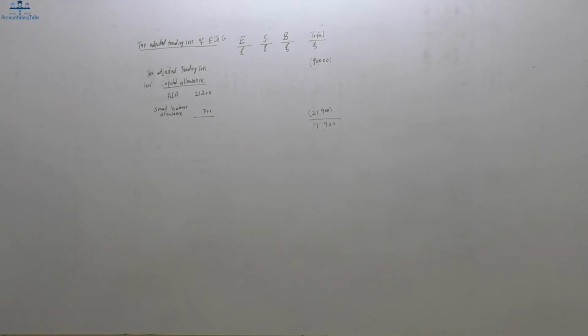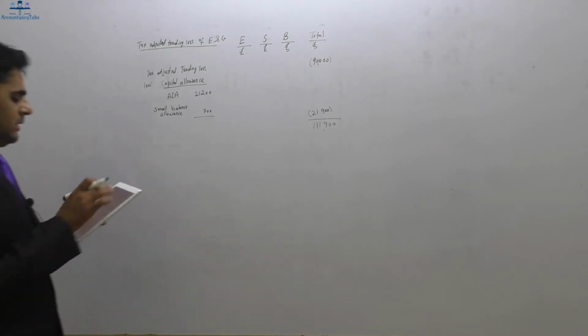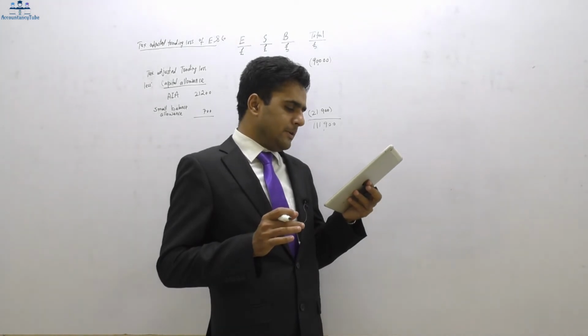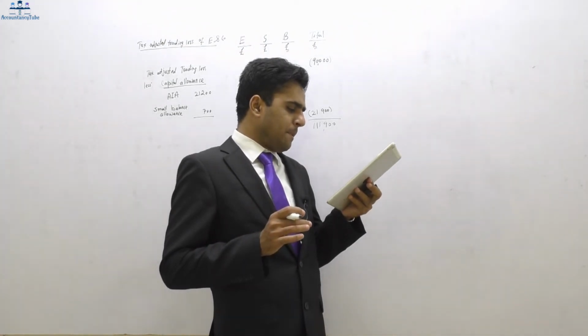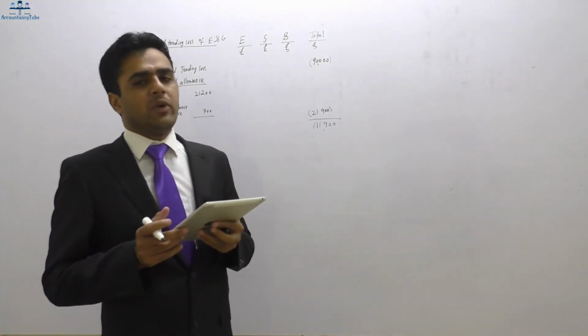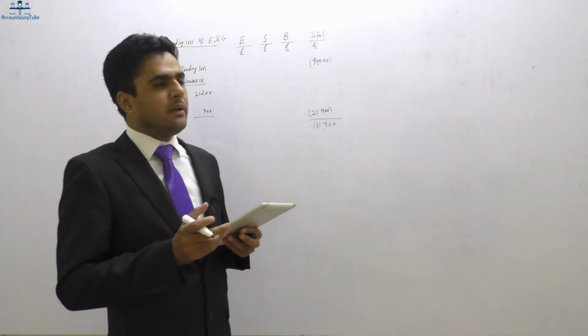Now, as I said to you earlier as well, because one partner is leaving the partnership, we will have to see what the profit would be up to the date he is leaving. If you see in the question, on what date is one partner leaving? 28th of February he is leaving. So if he is leaving 28th of February 2019, we have to take profits up to that date.